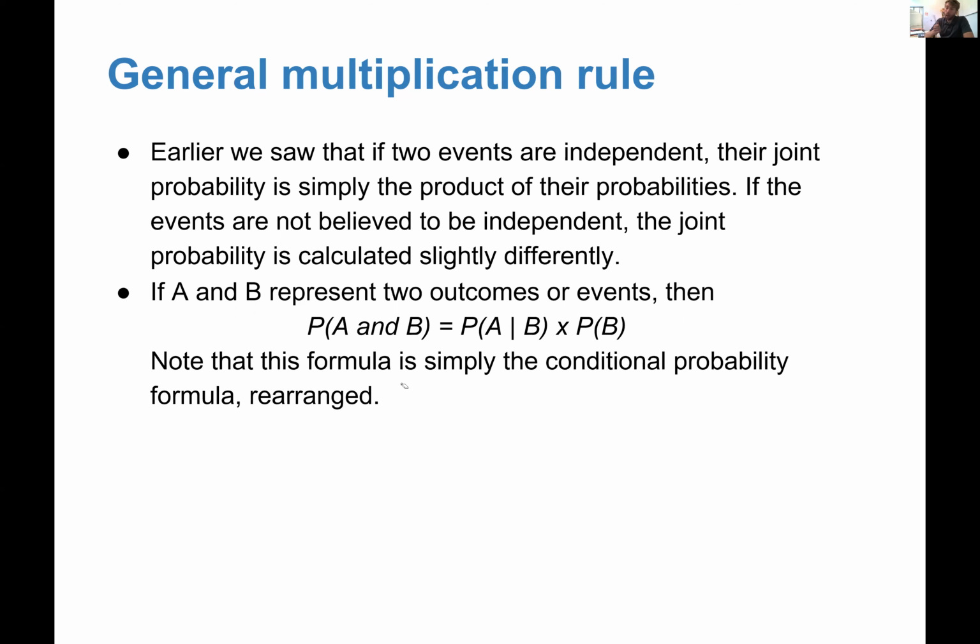It's not multiplying probability of A times probability of B. Now notice that if they're independent, then this is just probability of A, because if A and B are independent, then knowing B tells you nothing about A, so probability of A given B would be the same as probability of A. So the formula from last section was a simplification of this formula. This is the true general formula.